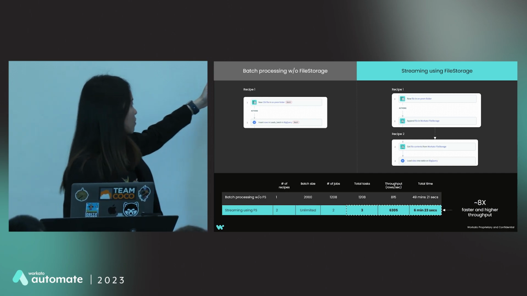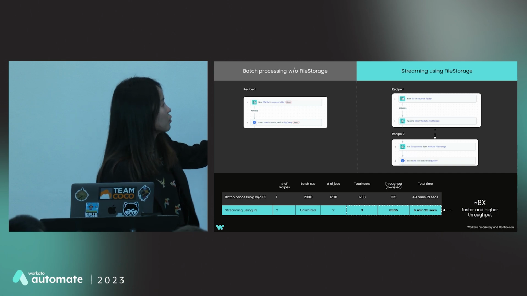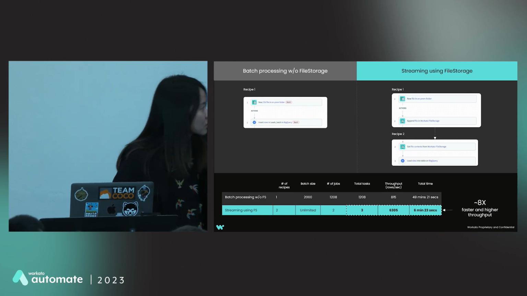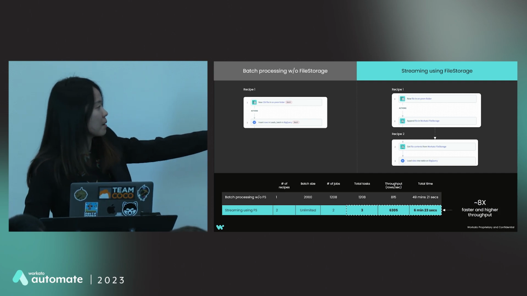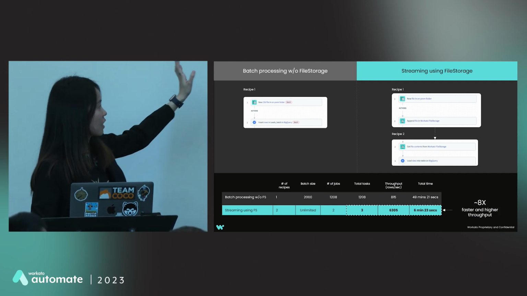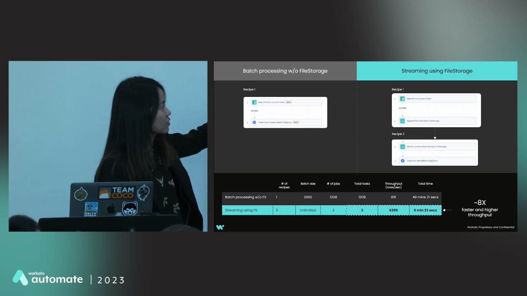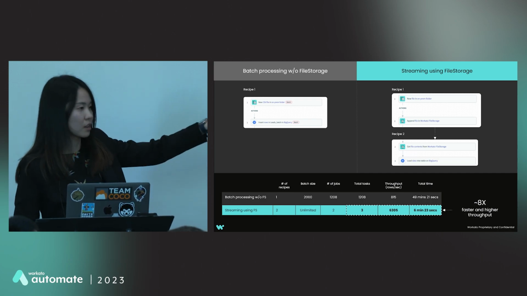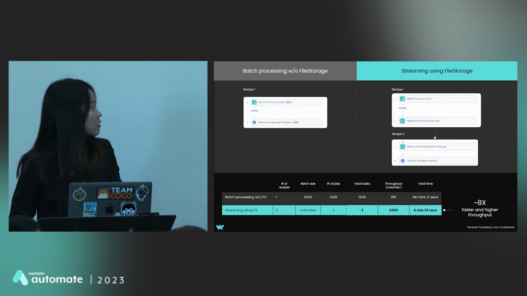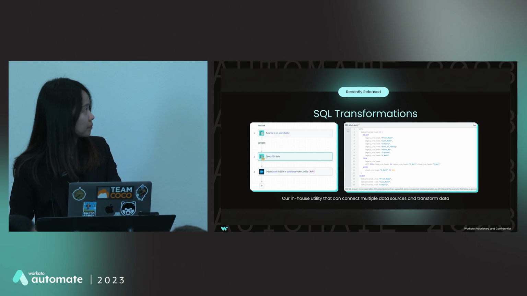Here on the left-hand side, we are processing in batches of 2,000, and not just the task reduction, you notice the throughput as well, right? The amount of time taken to process this entire job is much faster when the file gets appended in file storage, and then you take it out and load that into BigQuery, right? So a significant improvement there, both in terms of tasks as well as total time taken. So much higher throughput with file storage.